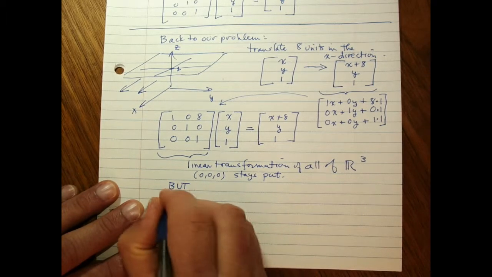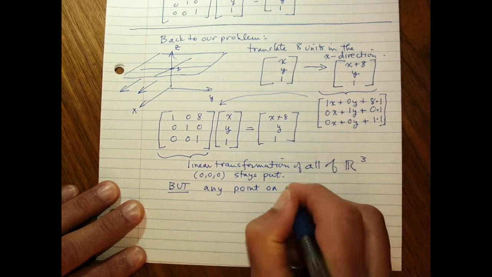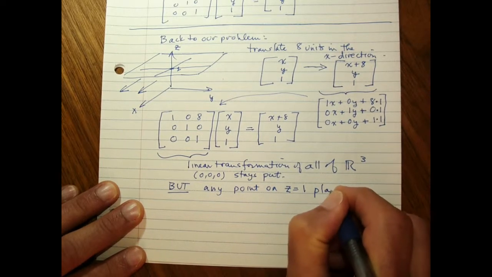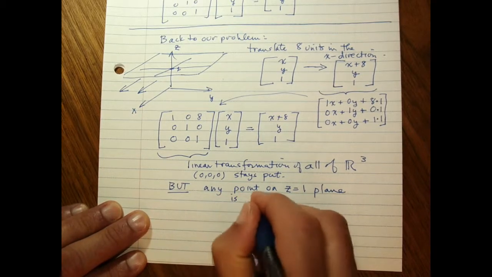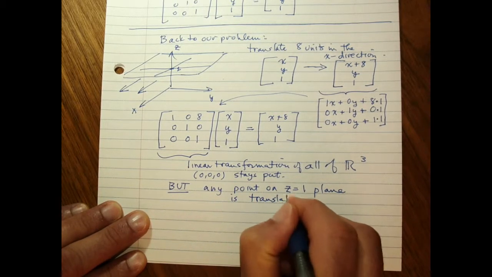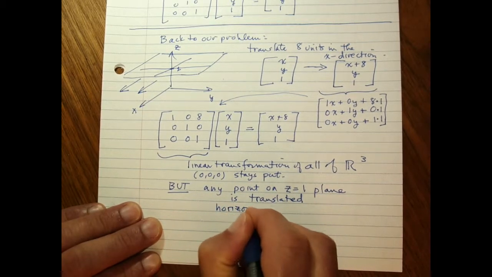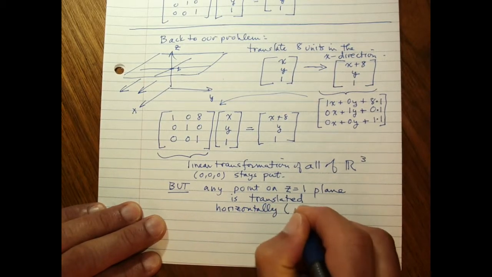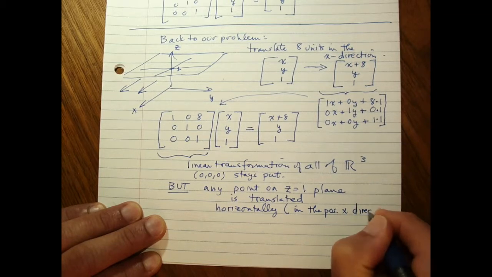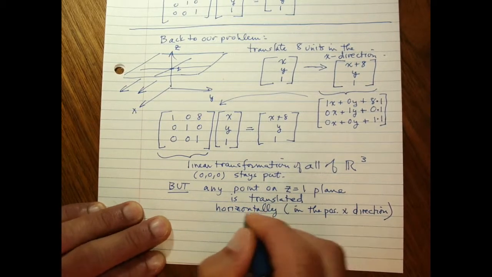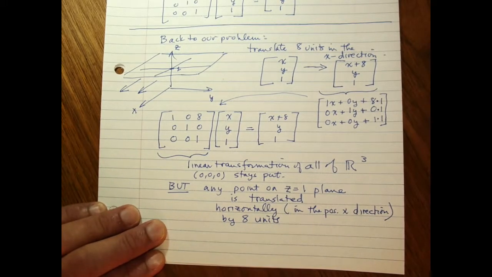So just notice any point on the z equals 1 plane, which is a copy of R2 sitting in R3, is translated horizontally in the positive x direction by 8 units.